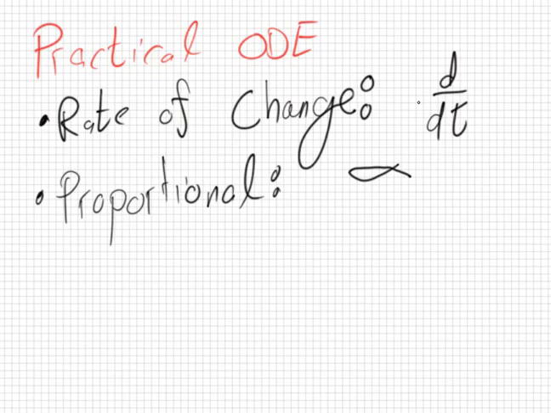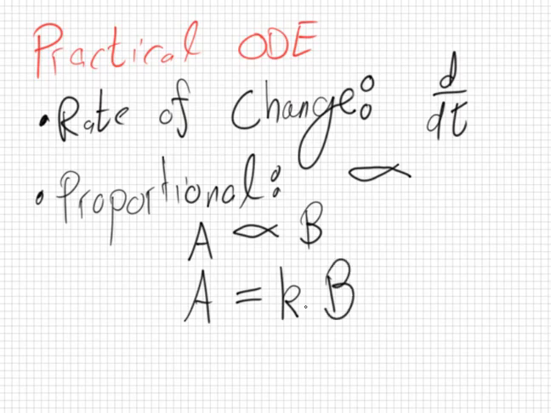But mathematically, if I tell you A is proportional to B, that can be written as an equation: A is equal to some constant, which you do not know, multiplied by B. With these two pieces of information, you can write and do these problems.